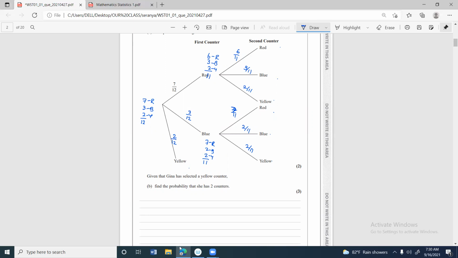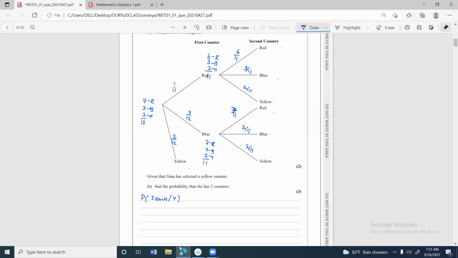They saw find the probability that she has 2 counters and were confused about what was being asked. But look at what they mentioned: given that Jaina has selected a yellow counter. So they mention you selected a yellow counter. Find the probability that she has 2 counters.